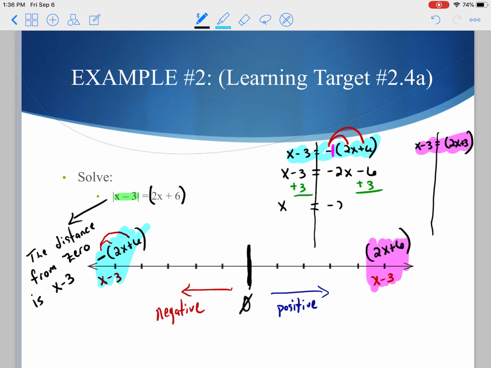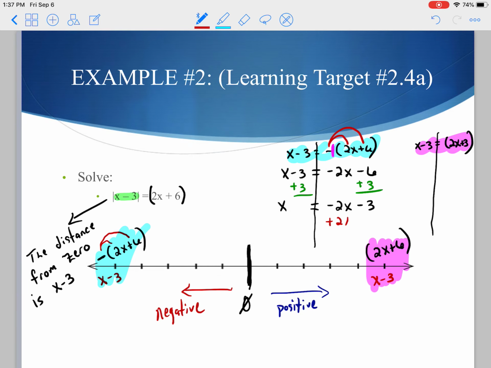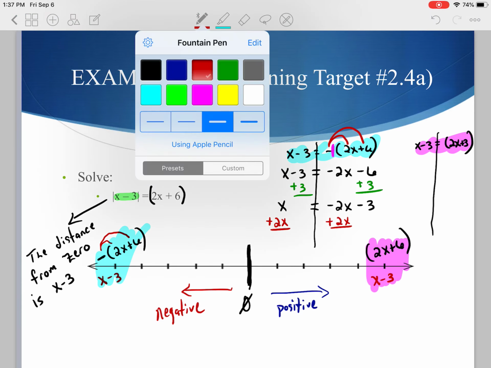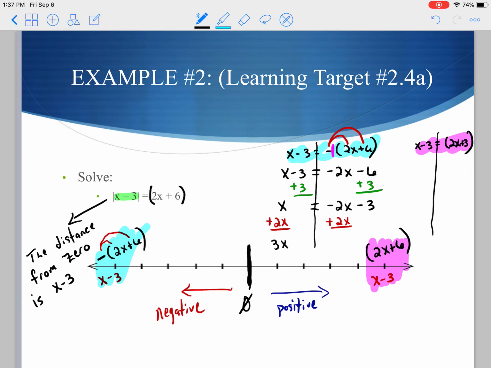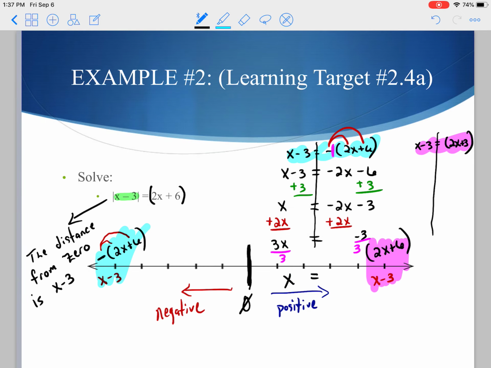And so as I complete this particular equation using the properties of equality, I eventually arrive at a solution of x equals negative 1. That is my first solution.